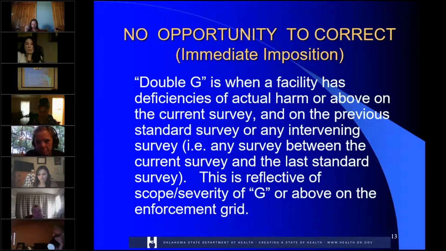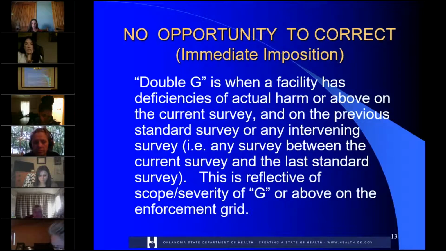Double G is when a facility has deficiencies of actual harm and above on the current survey and on the previous standard survey, or any intervening survey in between.